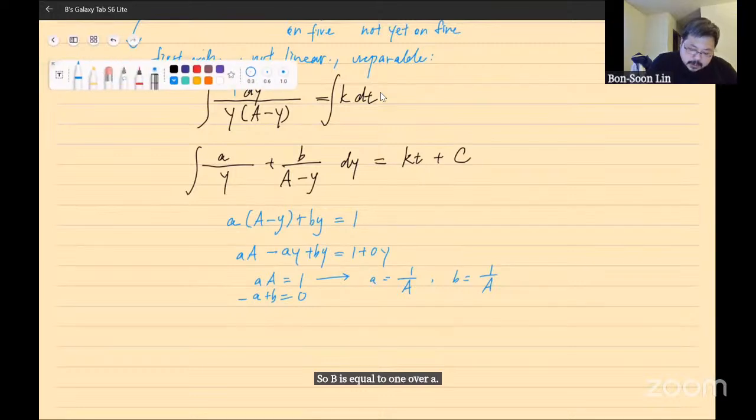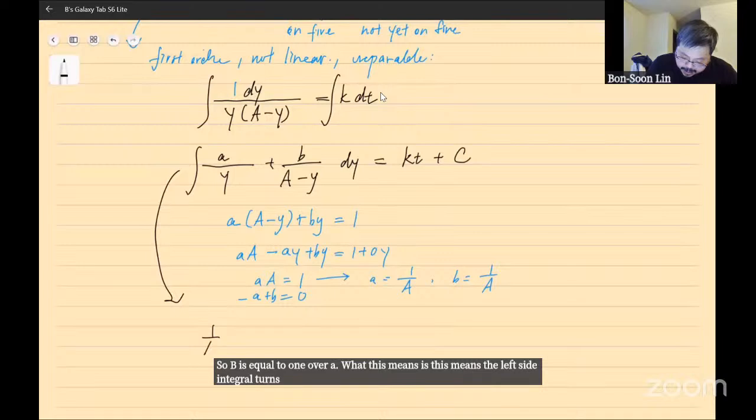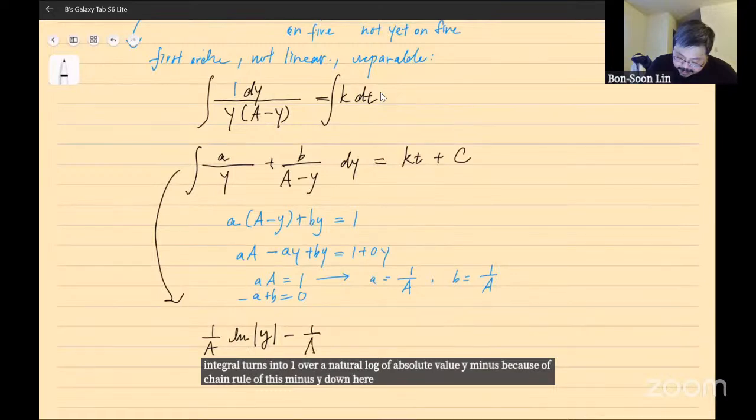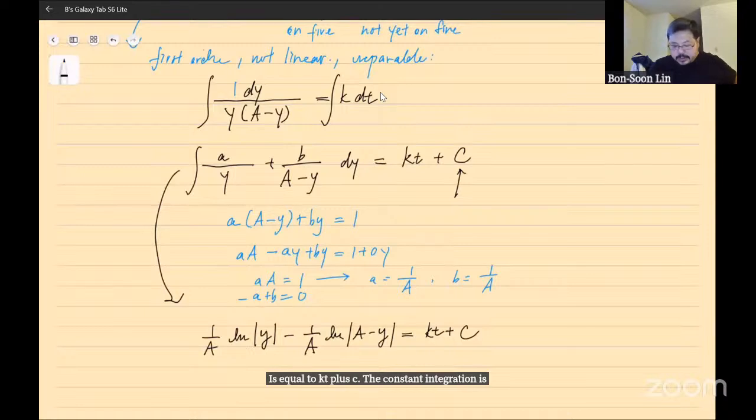What this means is the left side integral turns into 1 over A natural log of absolute value of y, minus, because of the chain rule of this minus y down here, 1 over big A natural log of absolute value of A minus y, is equal to kt plus c. The constant of integration is already written as this plus c over here.